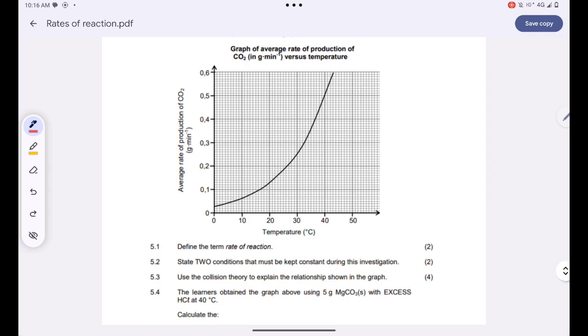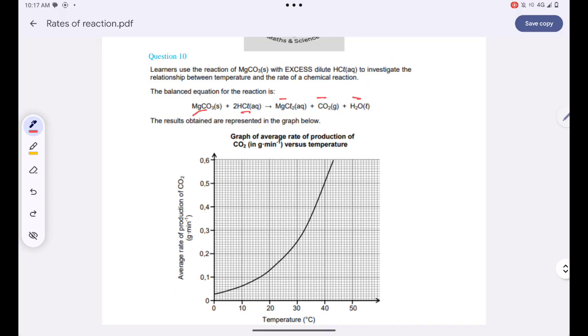Then they want us to state two conditions that must be kept constant during this investigation. Firstly, the quantity of my reactants should remain the same. That is, the mass of my magnesium carbonate should never change, as well as the state of division of my magnesium carbonate. Another thing that should never change is the concentration of the hydrochloric acid.